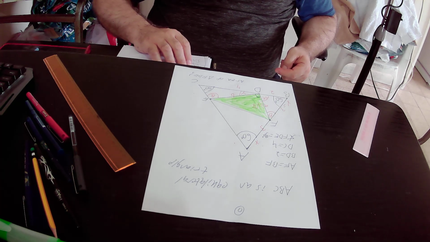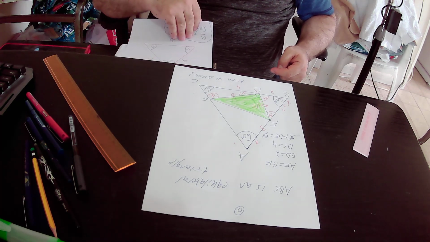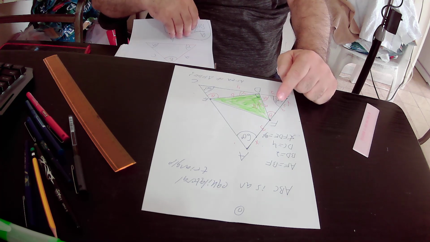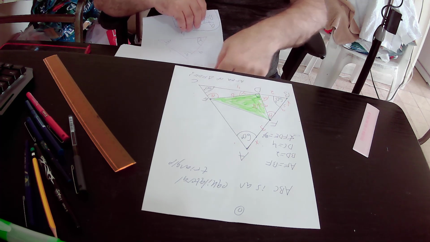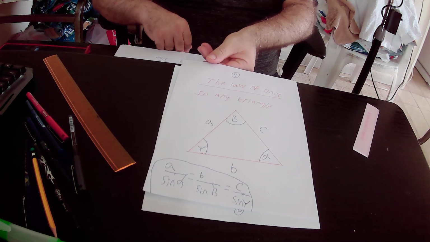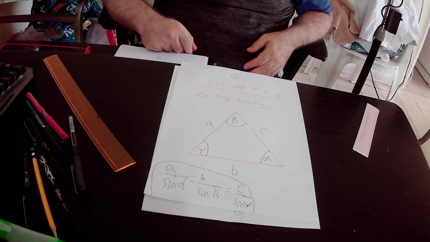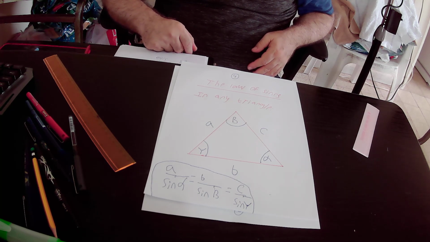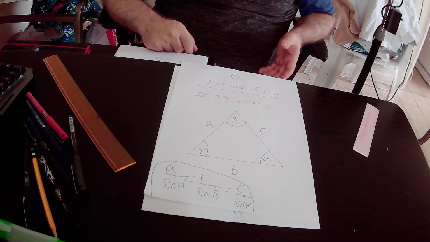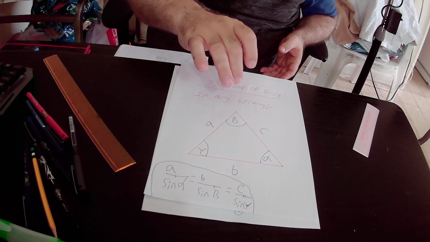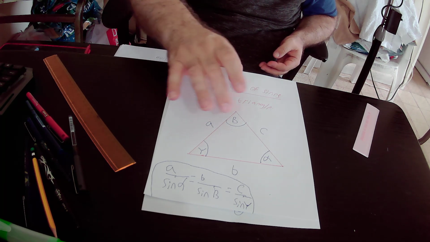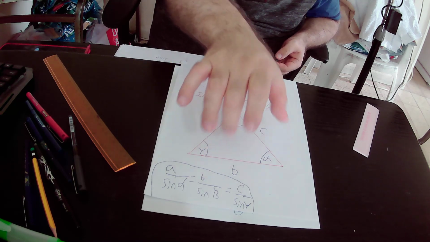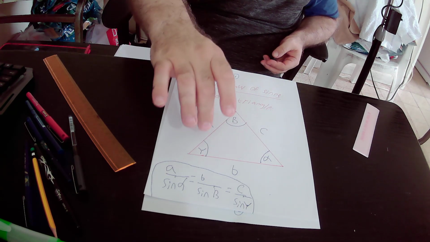And then we implemented the law of sines in triangle BFD. What is the law of sines? The law of sines applies for any triangle. In any triangle, the following relationship exists between the sides of the triangle and its angles: A over sine alpha equals B over sine beta equals C over sine gamma.